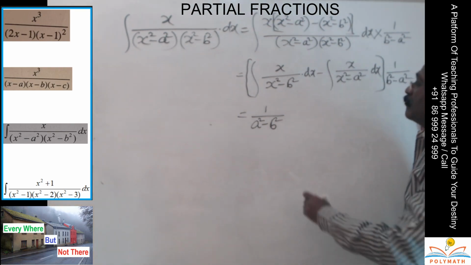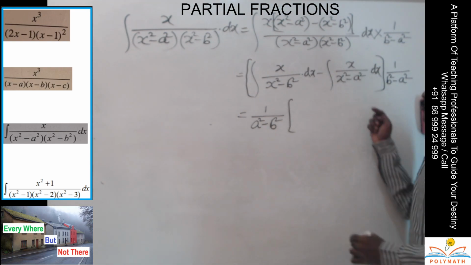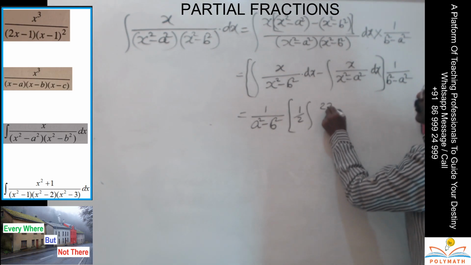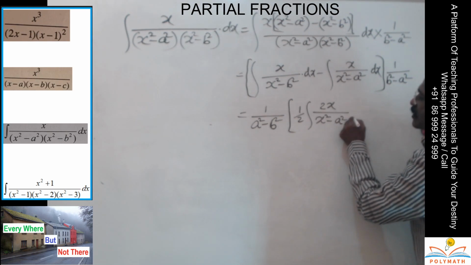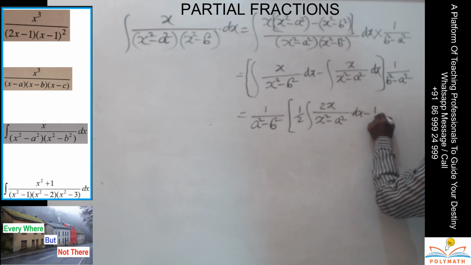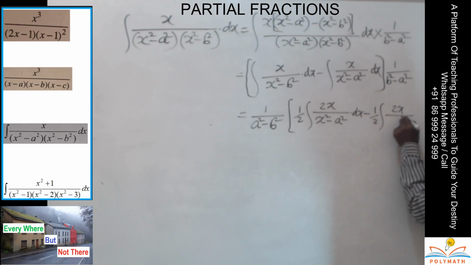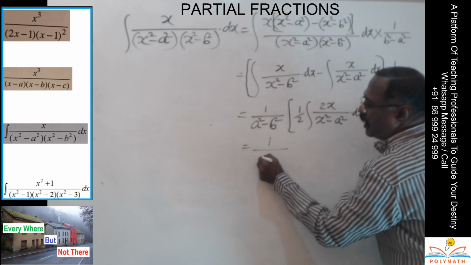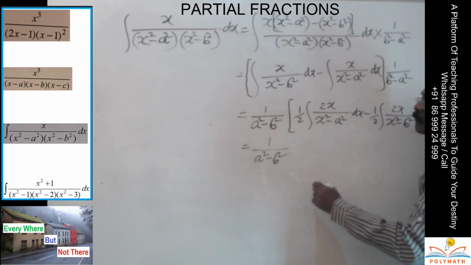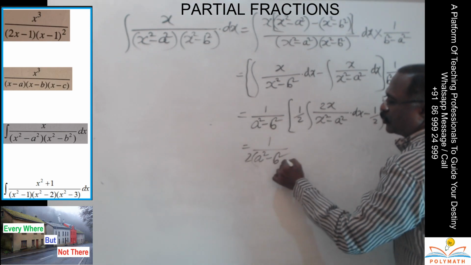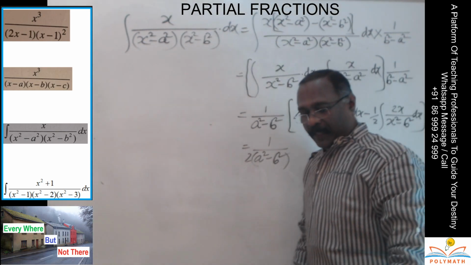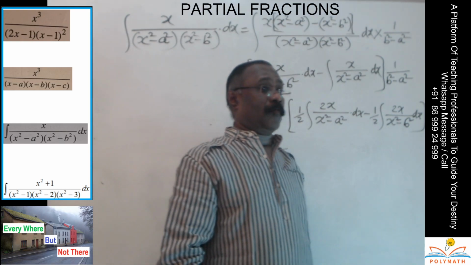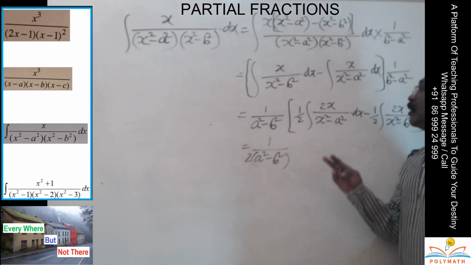So what is to be done? 1 by 2 integral of 2x upon x square minus a square dx minus 1 by 2 integral of 2x upon x square minus b square dx. It is nothing but 1 upon a square minus b square. Take that 1 by 2 common, I have taken it out. Now f dash x by f x.